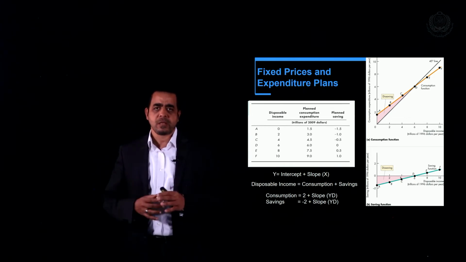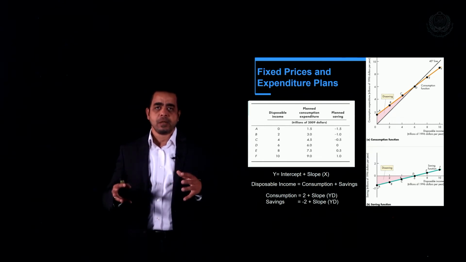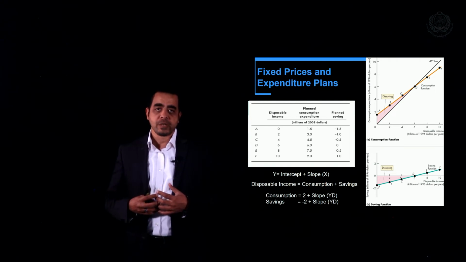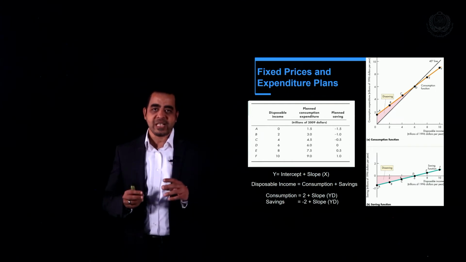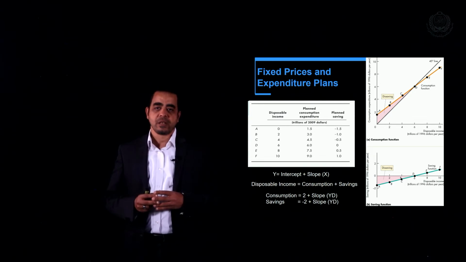What does this mean? This means that we are spending more than our income. How come? Through using our old savings, or past savings, or the savings of others. So at this phase, what we are doing is called dissavings.